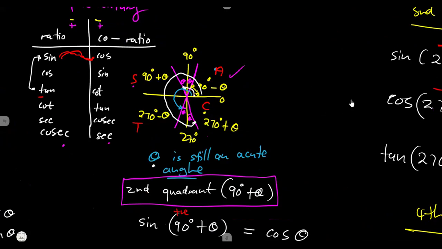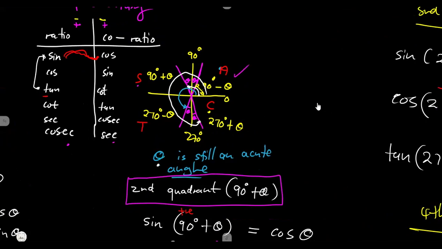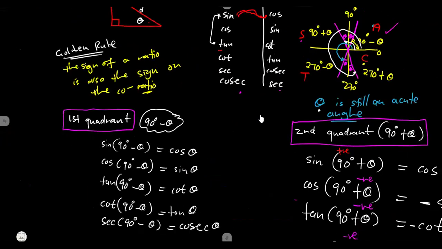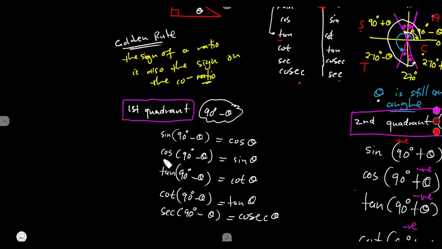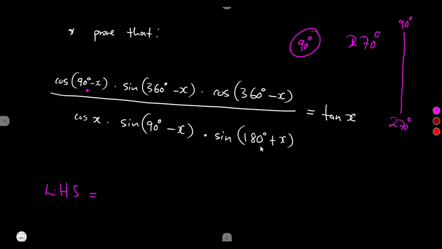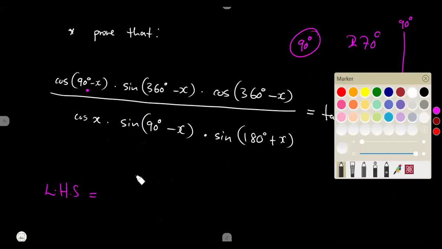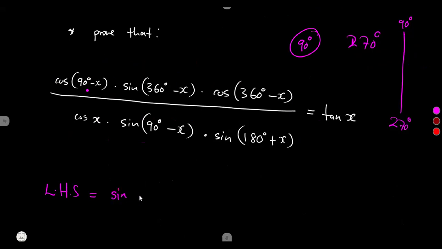Cos changes to a sine, and we simplified this in the first quadrant. Remember, the co-ratio of cos changes to sine, and in the first quadrant cos is positive. So it means our sine there is also positive. Just like that.